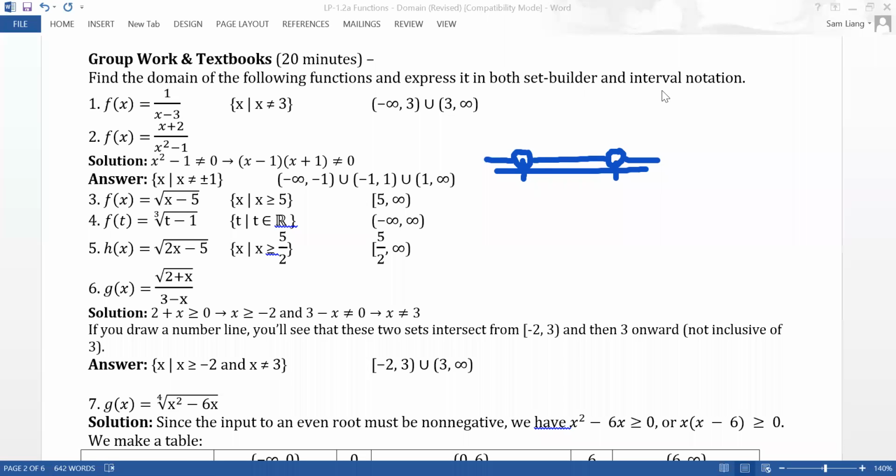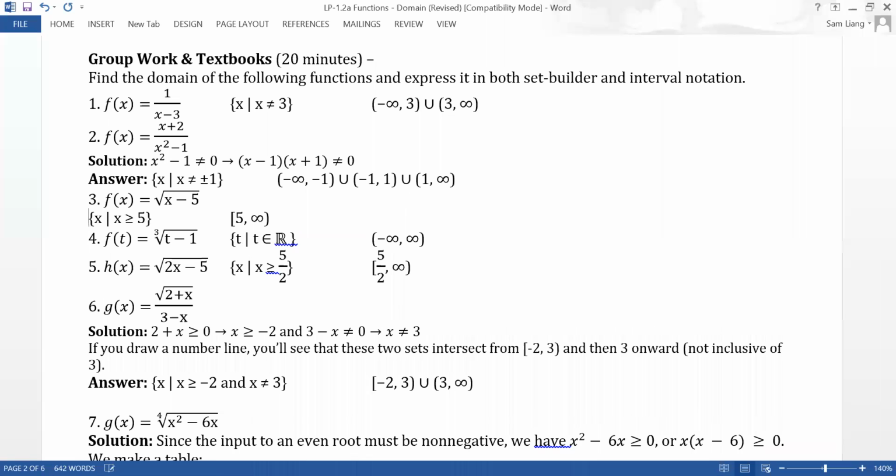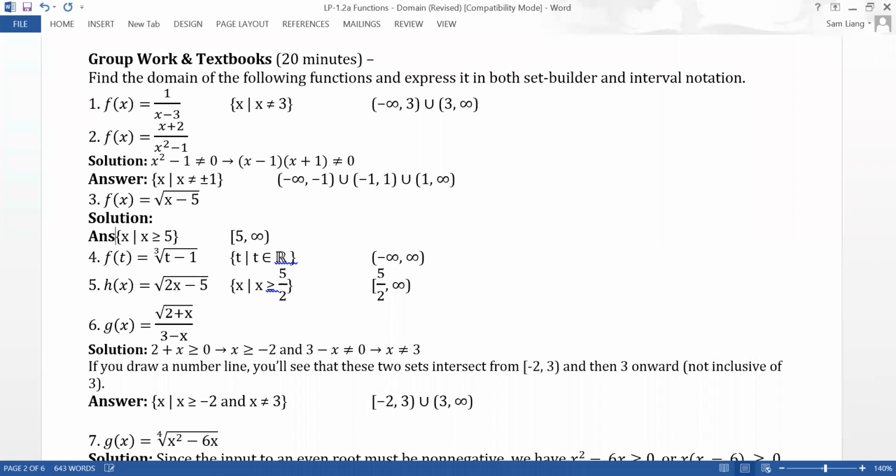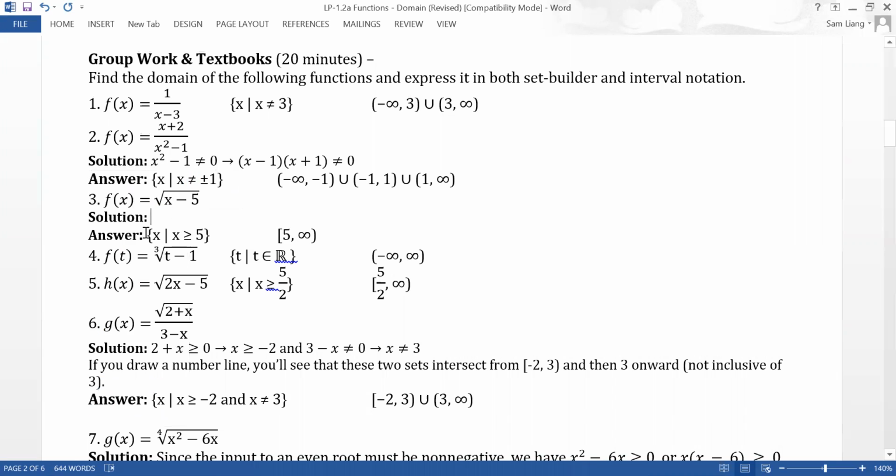All right, next we have question 3. So x minus 5 has to be greater than or equal to 0, right?